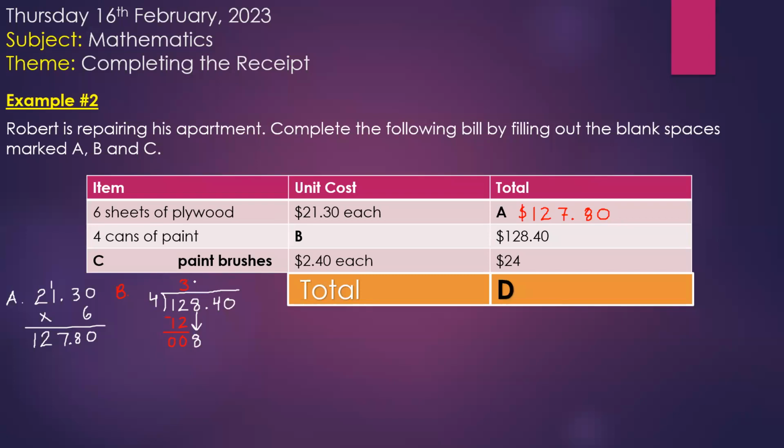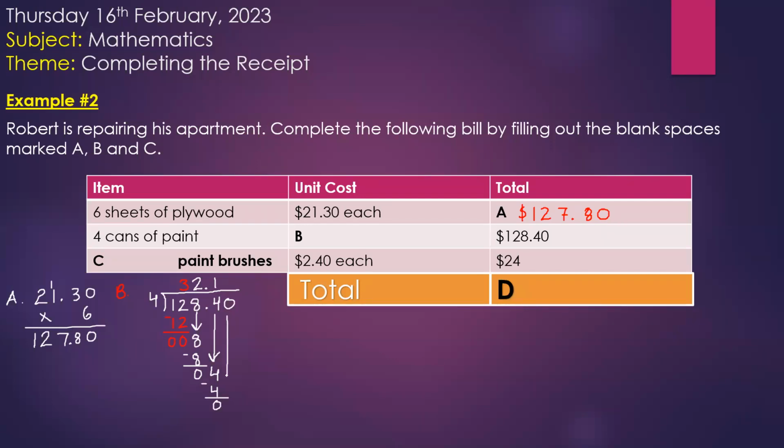Twice. 4 times 2 is 8. 8 minus 8 is 0. Next thing we do is put the decimal point. We bring down the 4. How many times does 4 go into 4? Once. 4 times 1 is 4. 4 minus 4 is 0.